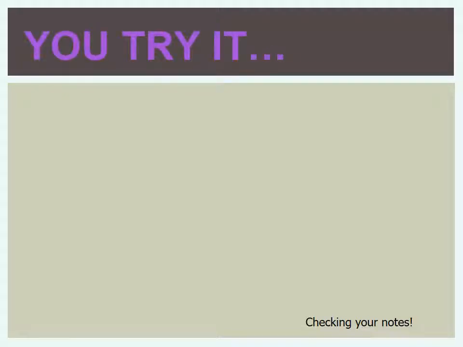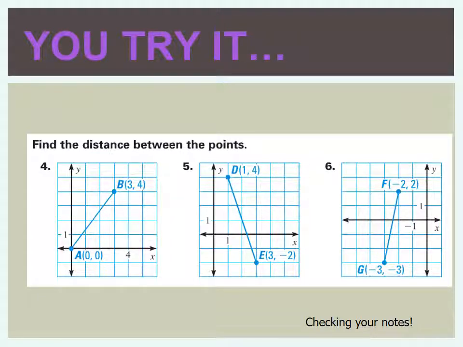We'll do one of these together, and I'll leave the last two for you to try on your own. Let's do number 4 together here. Find the distance between the two points. We'll label point A as x1 and y1, and point B as x2 and y2. Remember, the distance formula equals the square root of (x2 minus x1) squared plus the difference in our y's squared.